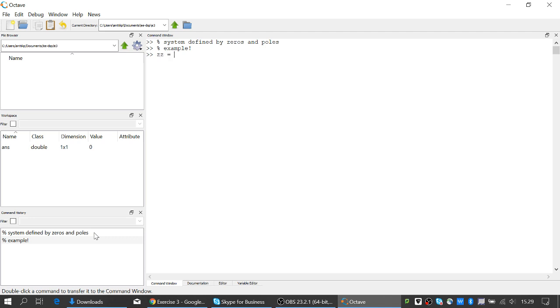Z equals exp of minus j, not minus j, sorry, j or i, either or, times 3 over 4 times pi. That's the complex angle there. And we also need the complex conjugate of that one.